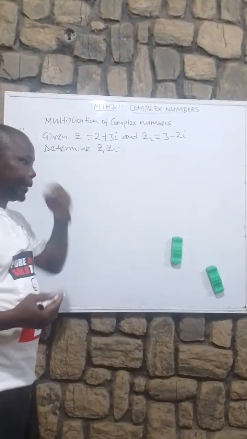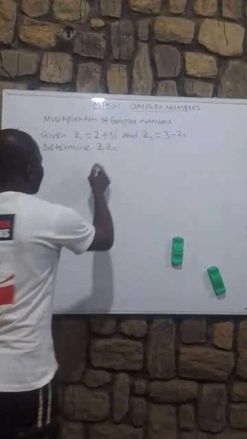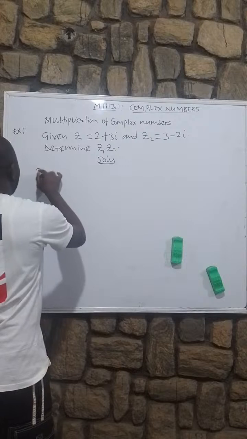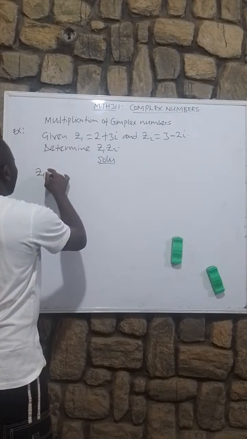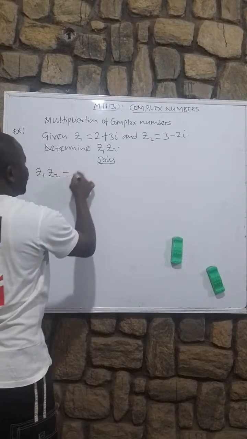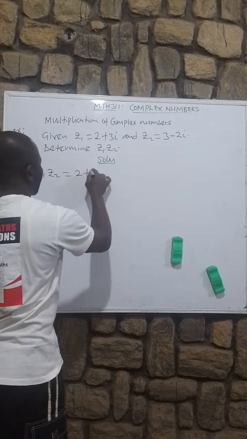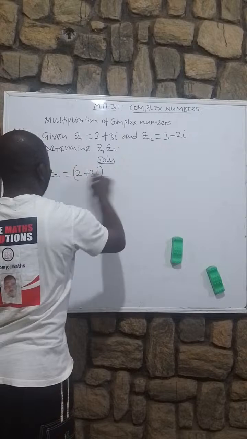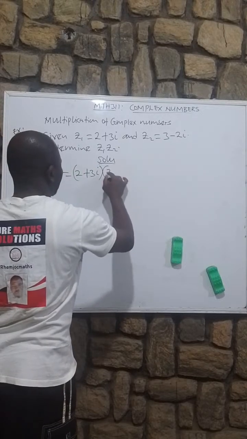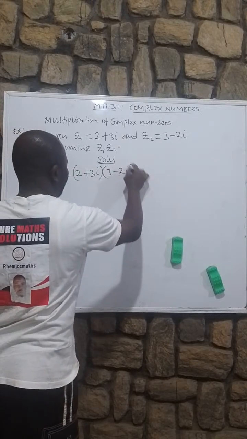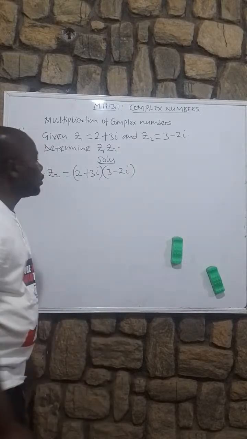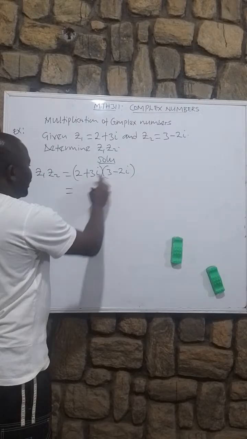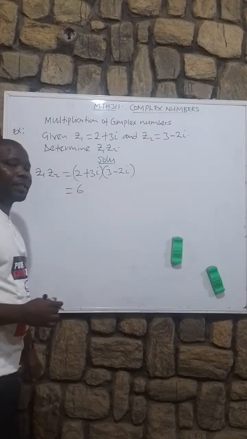Let us consider this. Let's write the solution. So our Z1 times Z2 is equal to 2 plus 3i times 3 minus 2i. True or false? Okay, so let's multiply out. 2 times 3, 6, right?